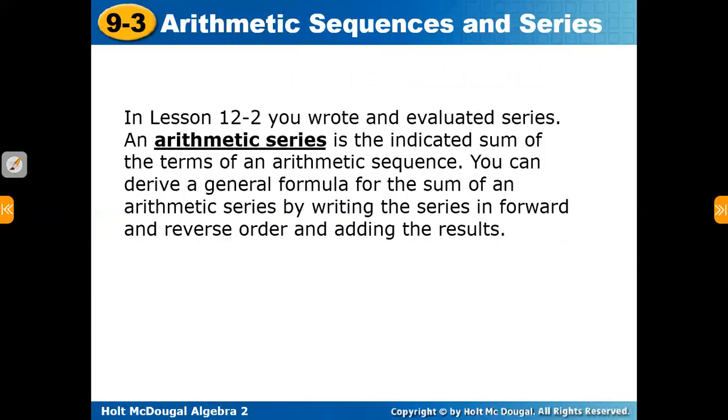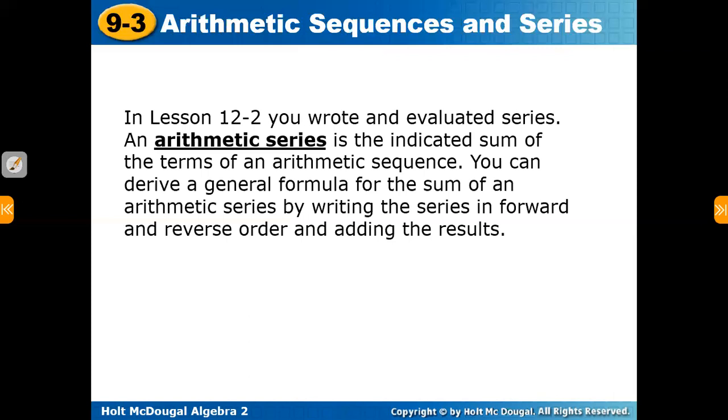So what is an arithmetic series? An arithmetic series is the indicated sum of the terms of an arithmetic sequence. When you start adding the terms of an arithmetic sequence, the sum you get is known as an arithmetic series.